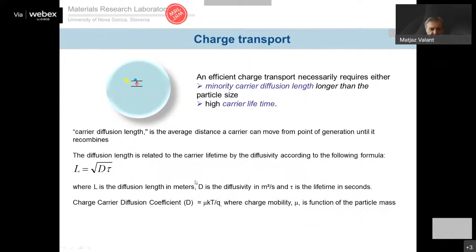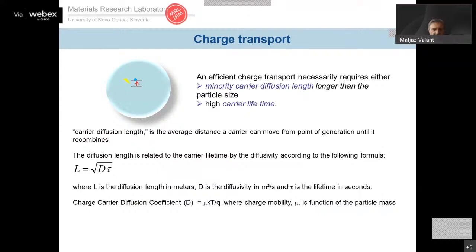Now, we have to understand that light absorption doesn't happen just on the surface. The majority happens somewhere in between, inside the photocatalyst.